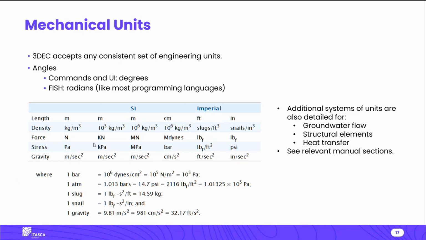In the rock mechanics world, often people will like to use megapascals, so you don't have such large numbers, and that's fine. The length unit is still meters. Gravity is still meters per second squared. You just have to be careful with your density and divide your density by 1 million. And again, often in the United States, you will see imperial units, in which case the length would be feet and the stress is pounds per square foot.